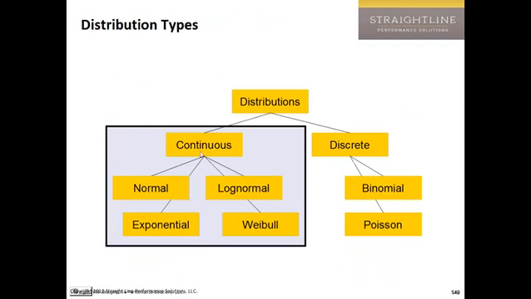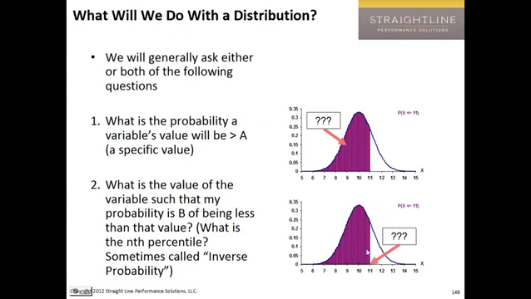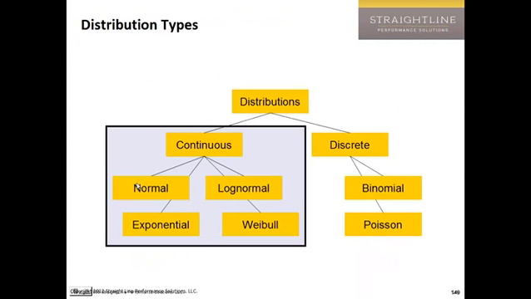Okay, we're going to cover 4 continuous distributions, and continuous distributions look like this. It's things where you don't have to lift your pencil to make the distribution. Those are going to be normal, the bell curve, log normal, which is a skewed distribution whose log is a normal distribution.